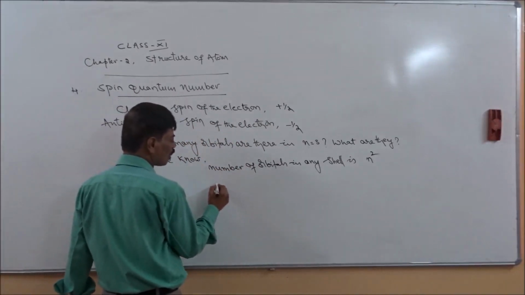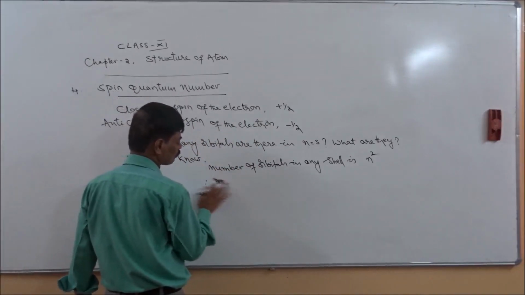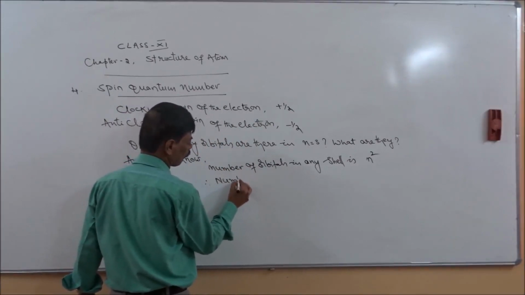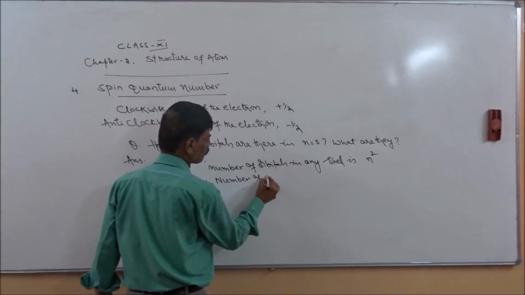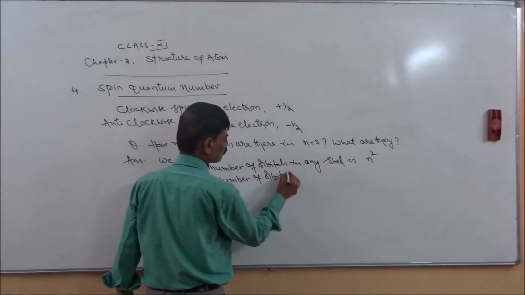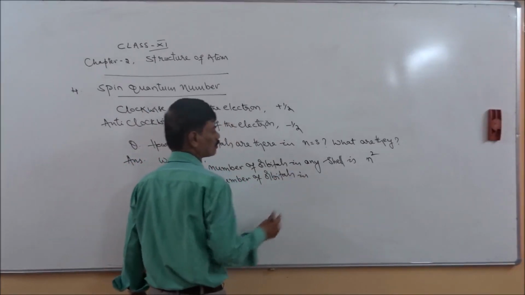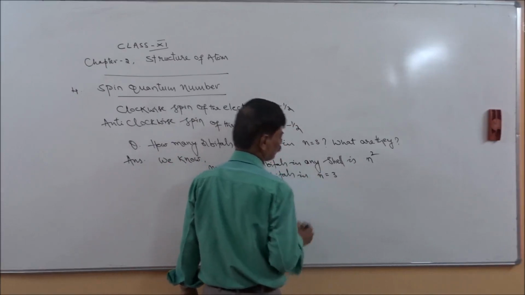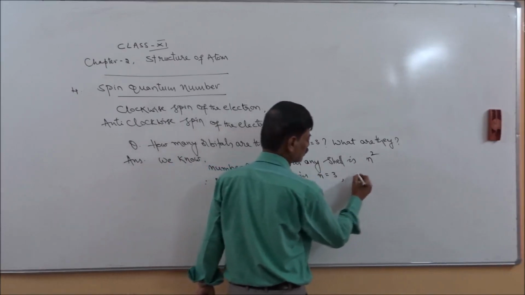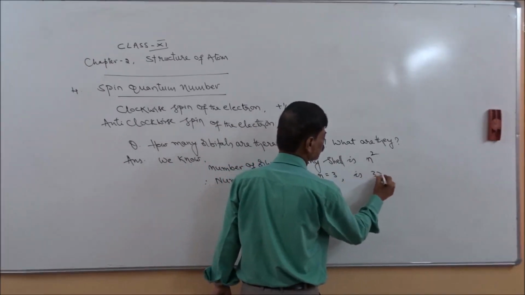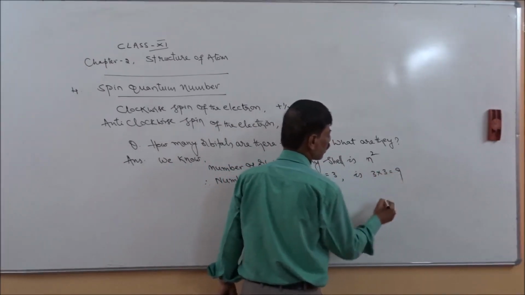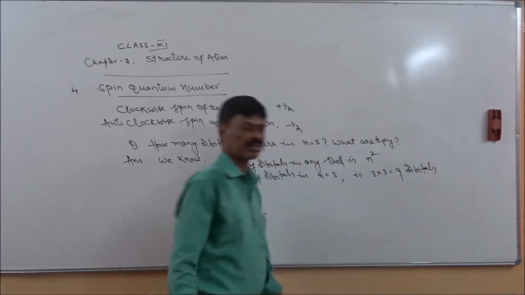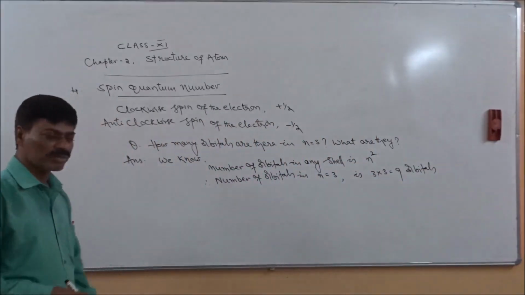So the number of orbitals in n is equal to 3 is 3 into 3, that is 9 orbitals. Now what are those orbitals?